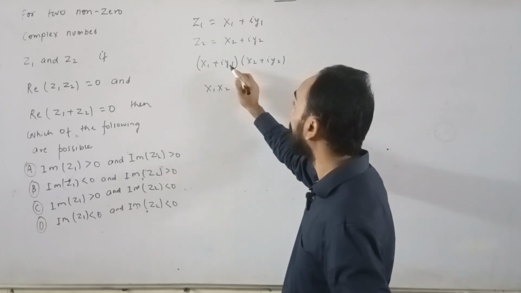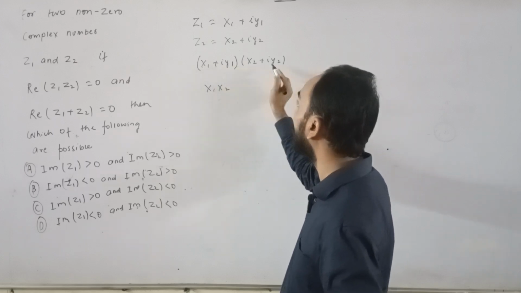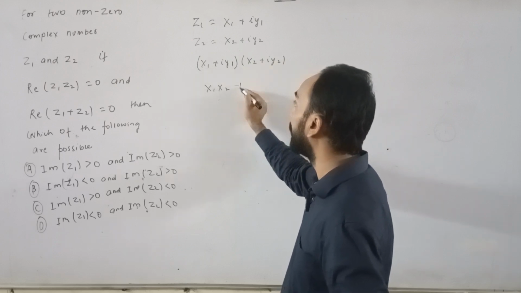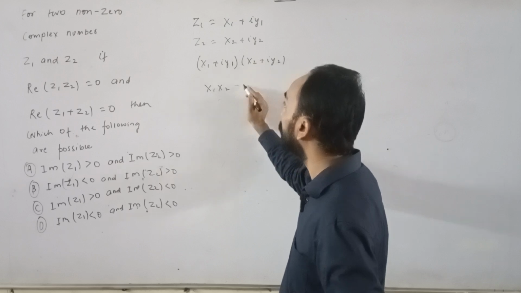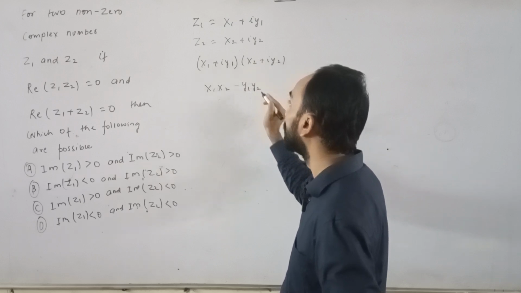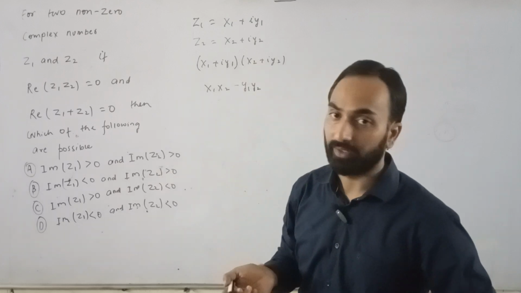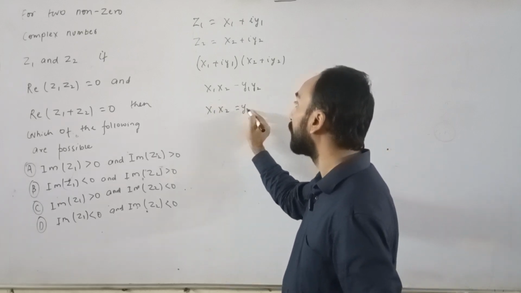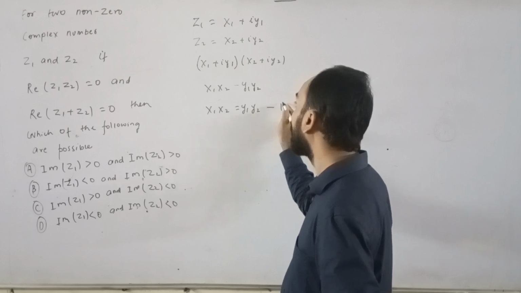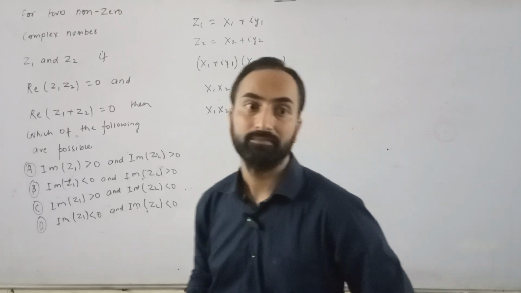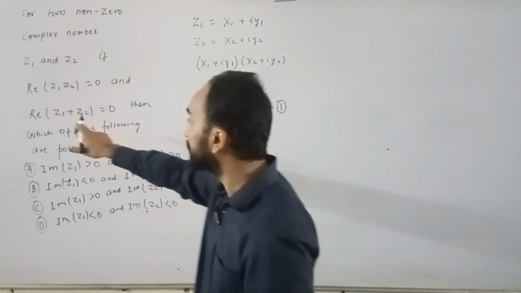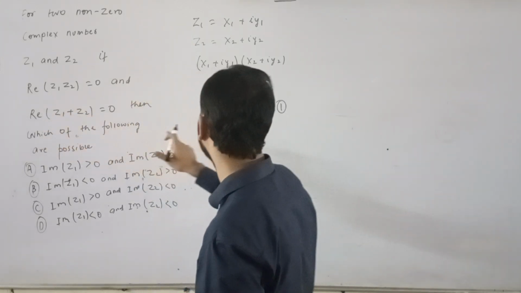But when I multiply iy1 into iy2, it becomes i squared, which is minus 1, and minus 1 into y1 y2 becomes the real part. So that can be written as x1 x2 equals y1 y2, and I am assuming it as equation number 1.